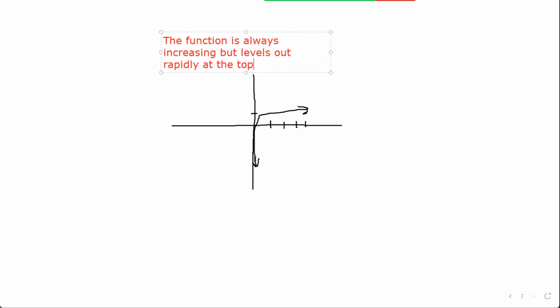It starts with an almost infinite slope. So the slope of the tangent line starts out looking like that almost, and then it starts looking more like this, and more like this, and then almost like this.